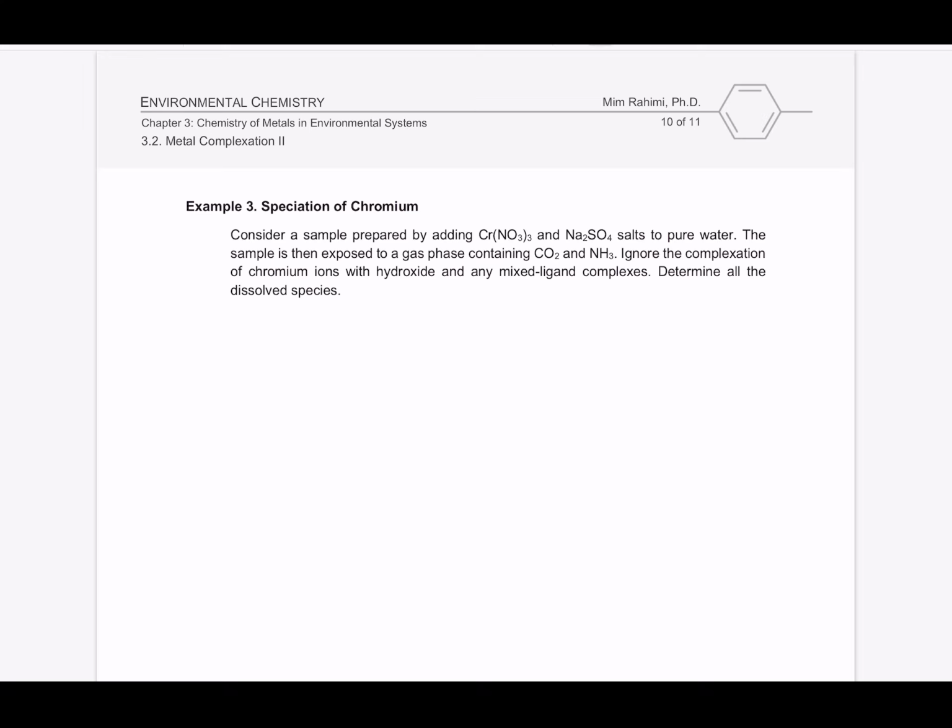So let's say I start from gas-liquid equilibrium, because this is an open system, and we have 2 different gases in the gas phase that could exchange or interact with the liquid phase. So we have first gas-liquid equilibrium.